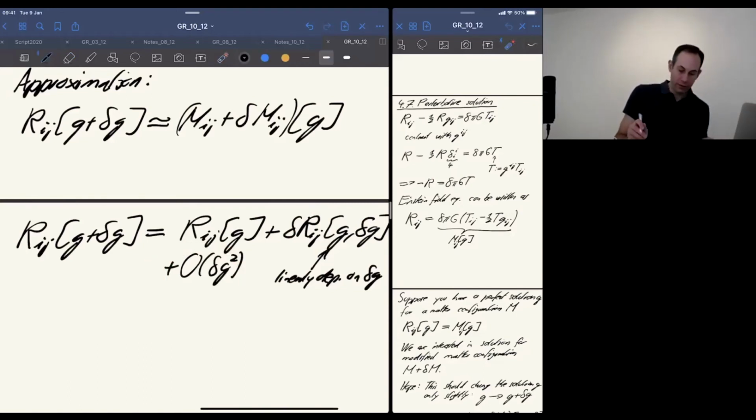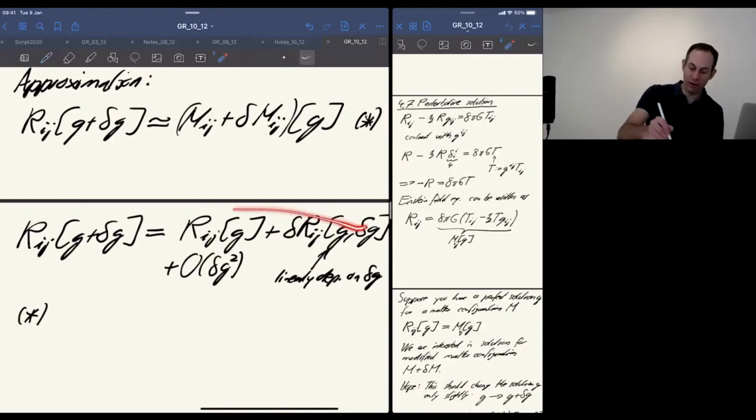Okay, so where are we now? Yeah, we want to solve this. I mean, our goal is, of course, to solve this equation. And so, that's the Einstein field equation in the approximation. Now we could say with this linearization of R, this star can be written as I'm only looking at the actual variation.